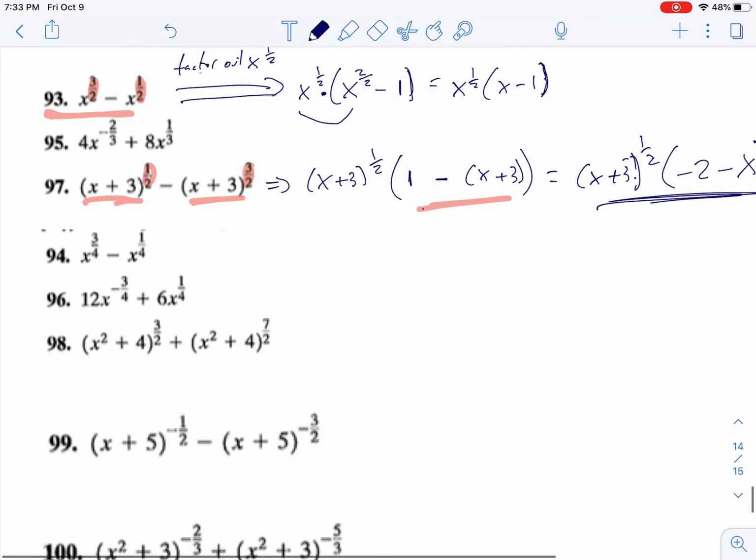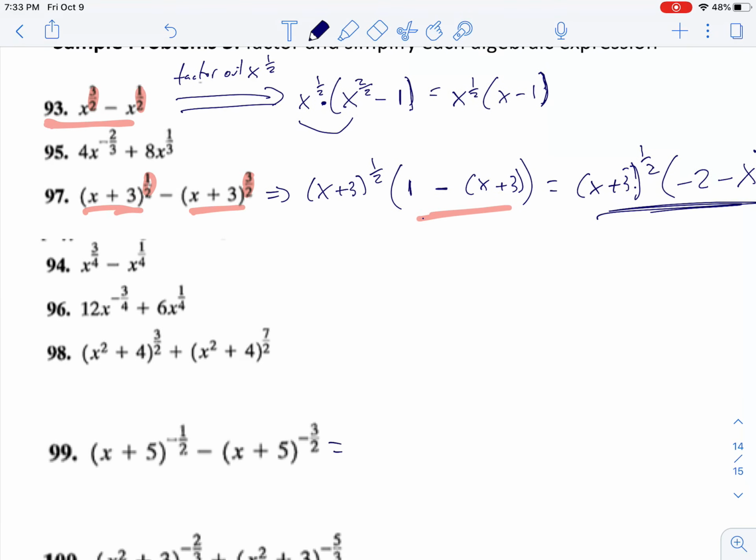So then you get to a problem where you have these negative powers and you're like, oh man, that looks scary. Well, remember, factor out the smallest one. That advice still rings true. This is the smallest one because it's the most negative one. So I'm going to factor out x plus 5 to the negative 3/2.